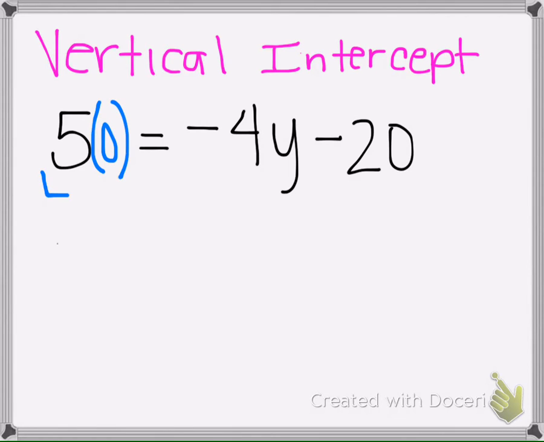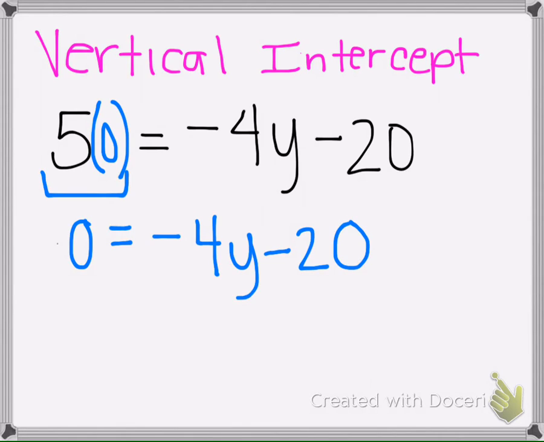Order of operations, we're going to multiply first here. So 5 times 0 is 0. And we can't combine these because we don't have like terms. So we're trying to solve for y, but the y term is not isolated, so we're going to add 20 to both sides.